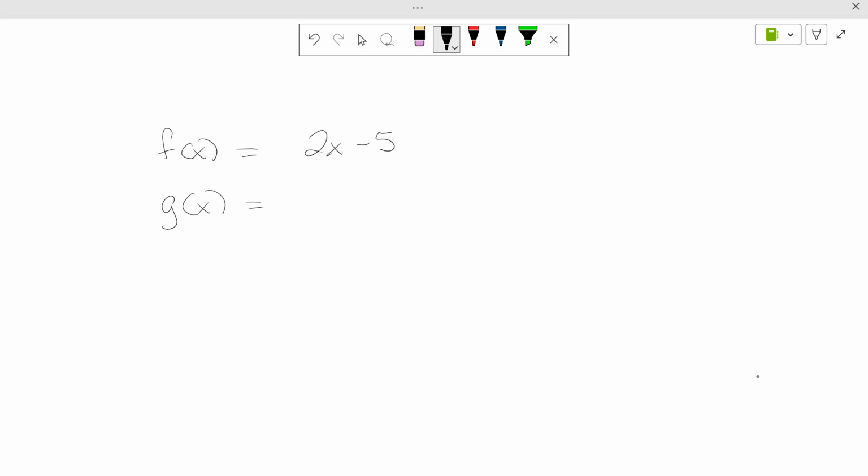Different problem, equals, this should be 2x squared minus 5, maybe, yeah. And then let's go.